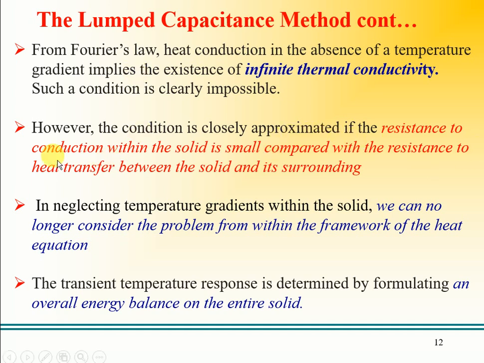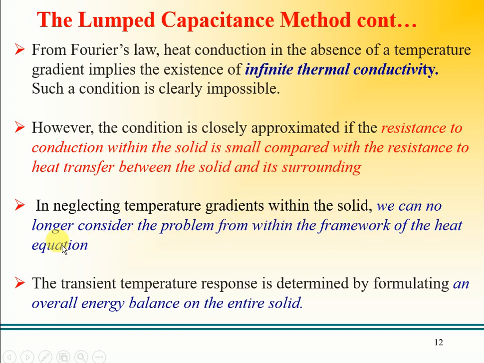However, the condition is closely approximated if the resistance to conduction within the solid is small compared with the resistance to heat transfer between the solid and the surroundings. So the conductive resistance of the solid is very small compared to the convective resistance with the surroundings.